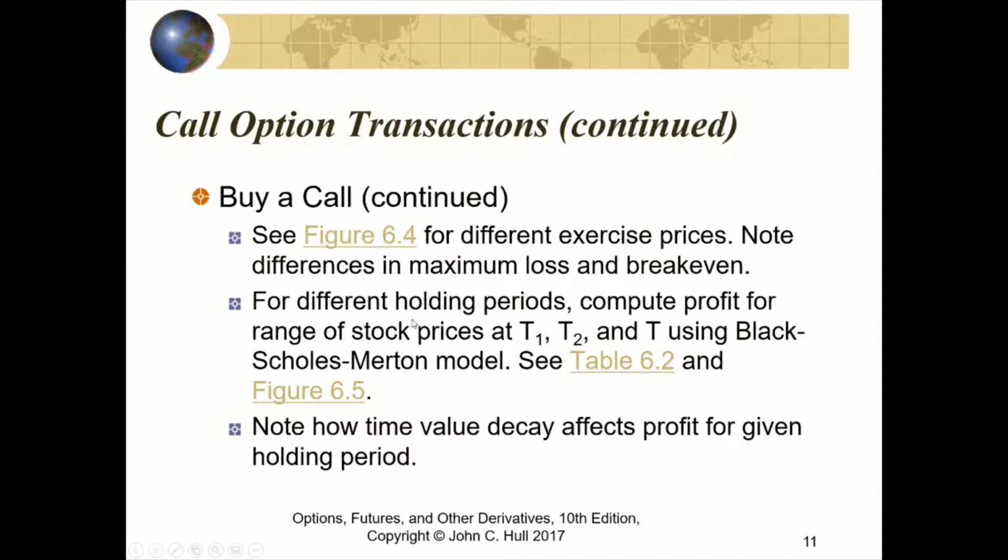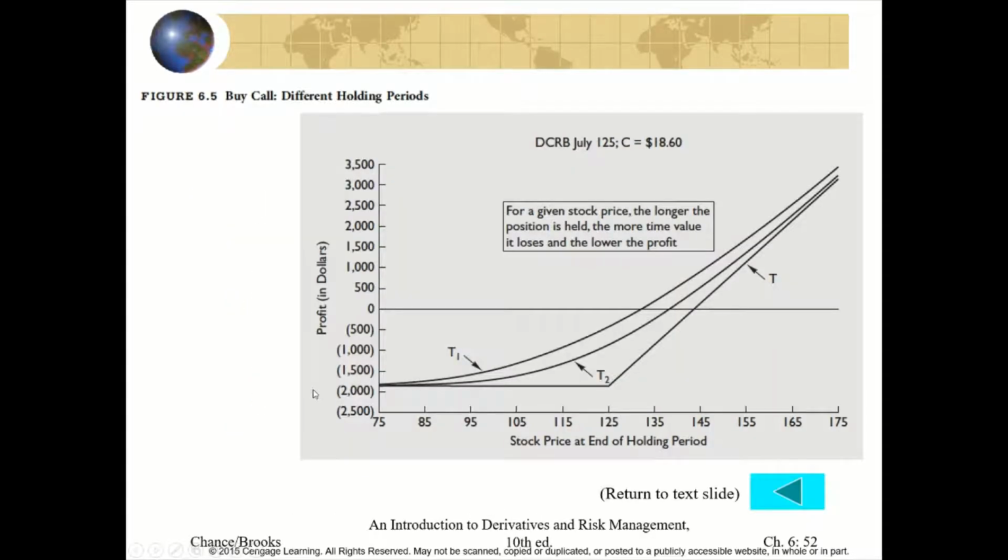Now, next we will turn to examining the effect of holding the option for different holding periods. Now, if I bought a call option and I waited until time, so what do we have here? We have 3 points in time.